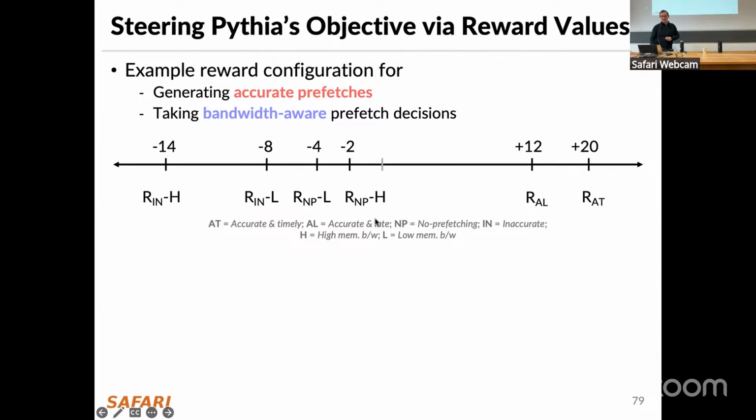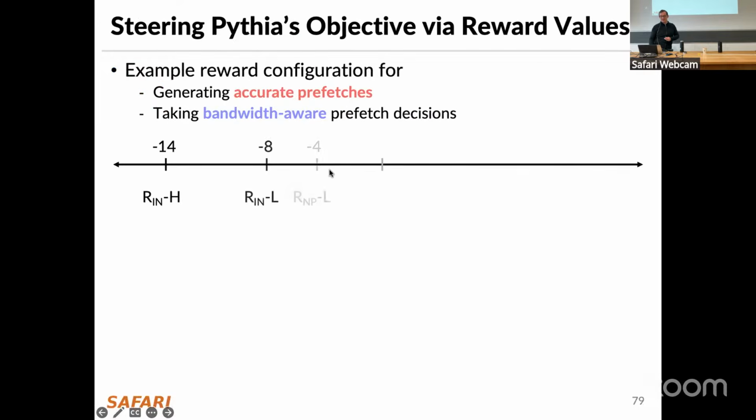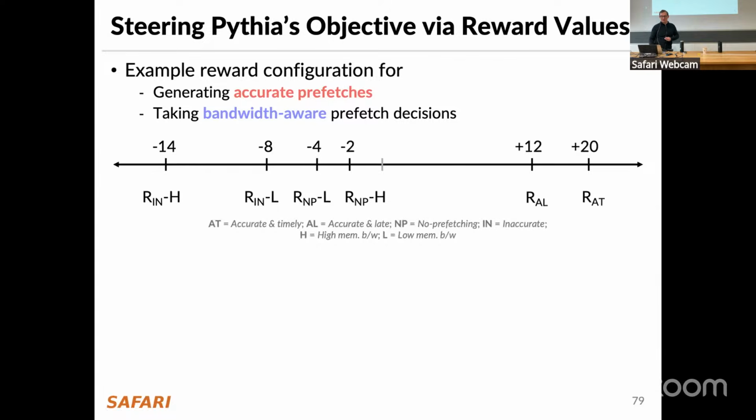No prefetching gets close to 0 reward, let's say. Inaccurate and high bandwidth usage gets a very negative reward, a punishment, let's say. And inaccurate and low memory bandwidth usage gets a negative reward that's worse than no prefetching.